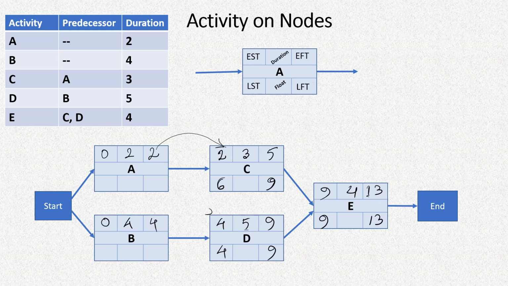And if we go back to this activity, here also we can simply transfer this, 6, and 6 minus 2 is 4.